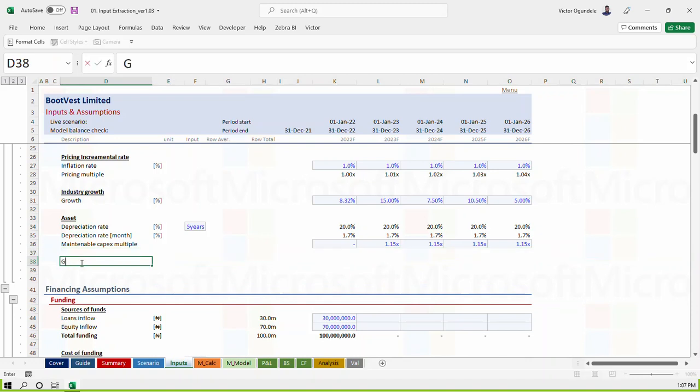So let me call this government. Government. So provision for tax.